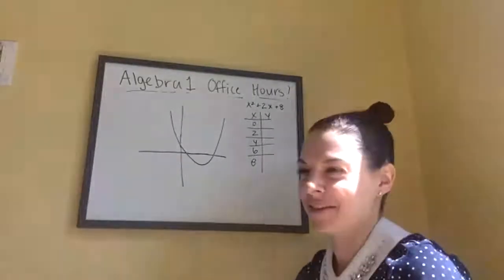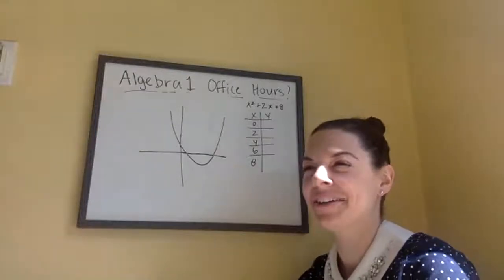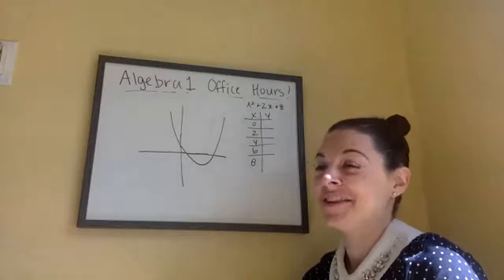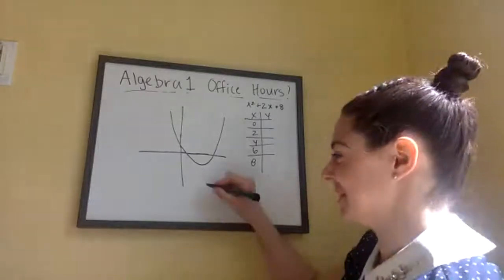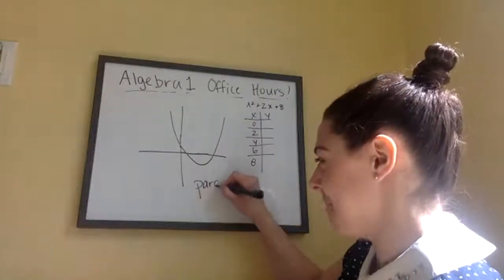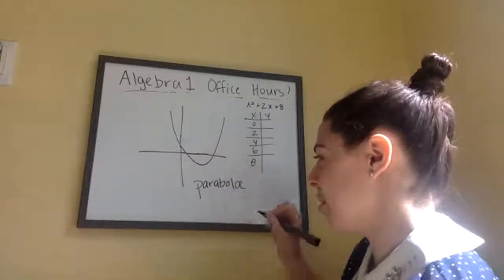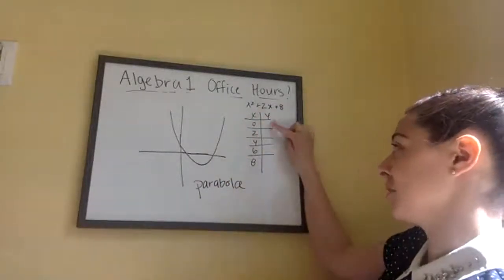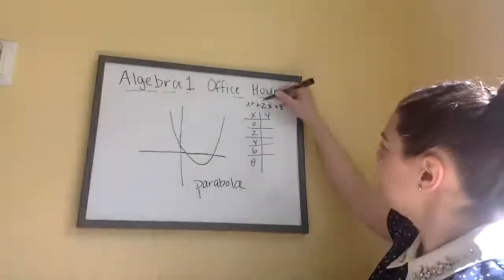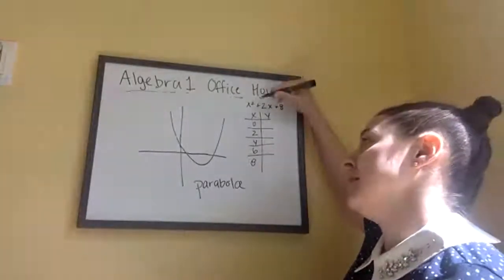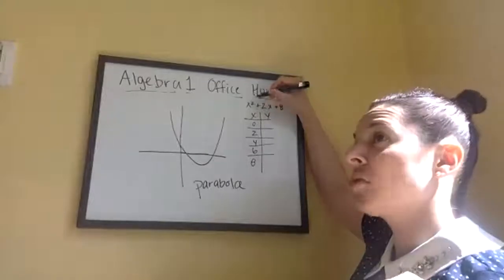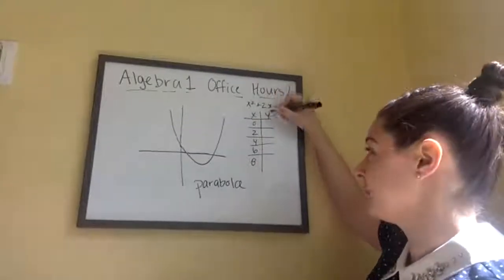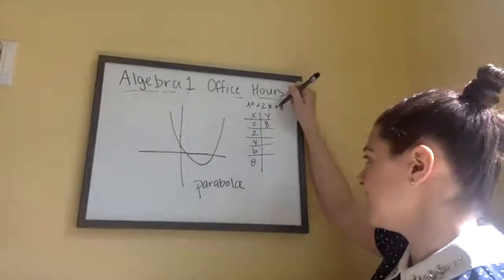It's one of my favorite math words. There's another math word that you'll learn later on in advanced algebra, or in algebra 2. That's also my favorite math word. So, solving it by plugging in x values and writing the answers as coordinate points. For example, if I have x squared plus 2x plus 8, if I plug in 0, 0 squared is 0, plus 2 times 0, that's 0, plus 8, that's 8.